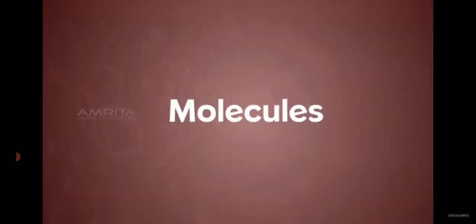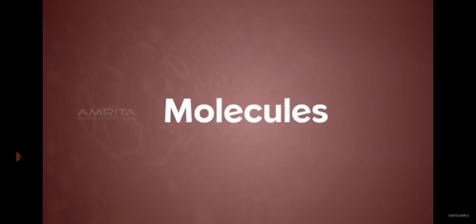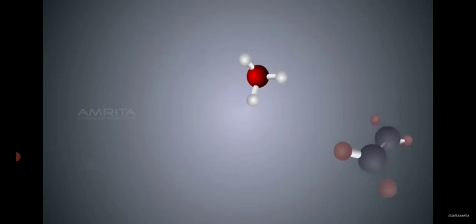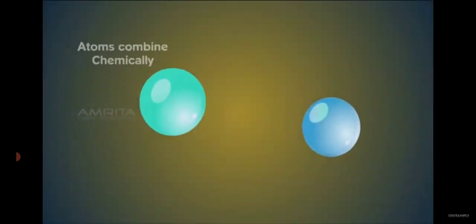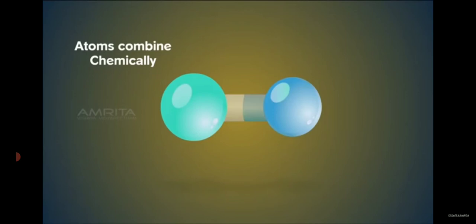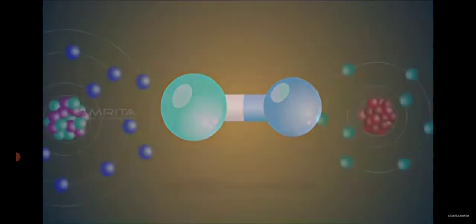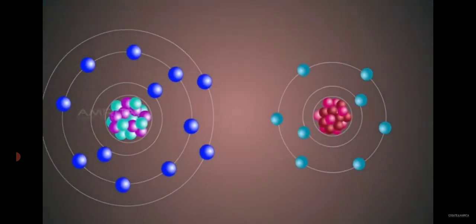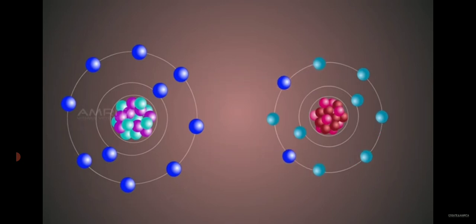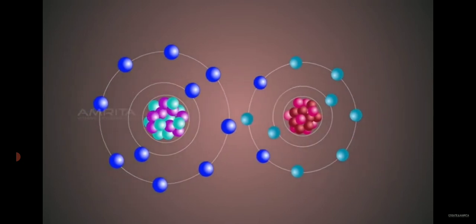Next, molecules. A molecule is a group of two or more atoms that are chemically bonded together. That is very important. Atoms combine chemically by an external force, for example heat and light. This leads to the formation of molecules. During the formation of a molecule, atoms lose valency electrons or gain electrons from other atoms.